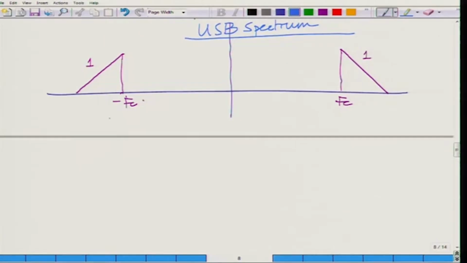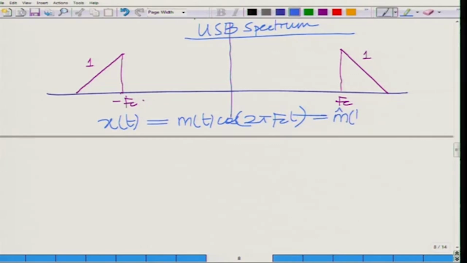So, x t equals m t cosine 2 pi f c t minus m hat t sin 2 pi f c t.